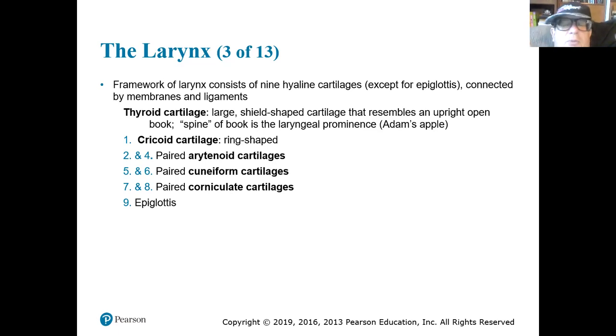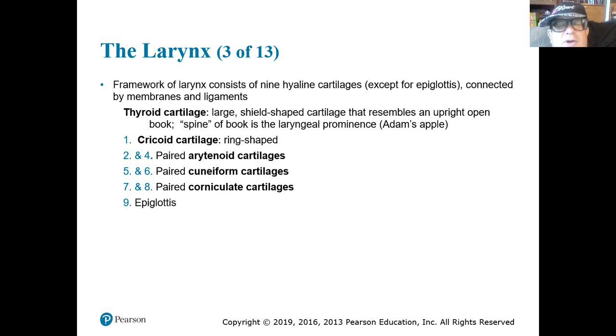The cuneiform are little curved, slender, off to the lateral wall, embedded in mucosa, just kind of stiffen it. Their main purpose is to provide some strength, some rigidity to the mucosal walls of the larynx, and they're really hard to actually see because they're embedded in that mucosa.